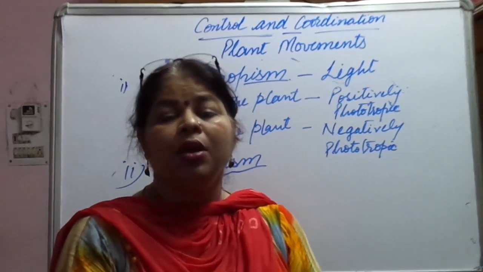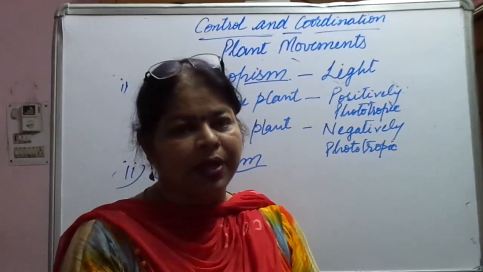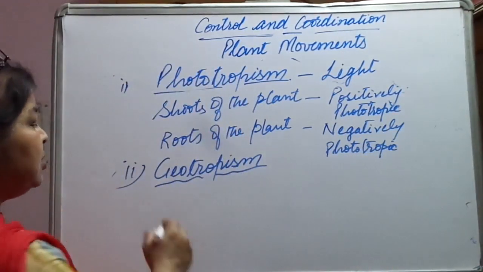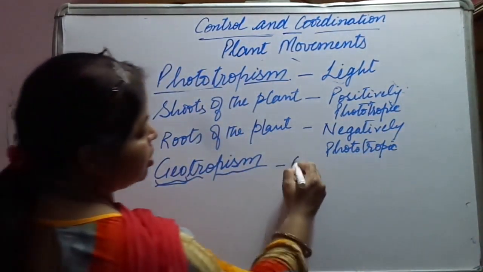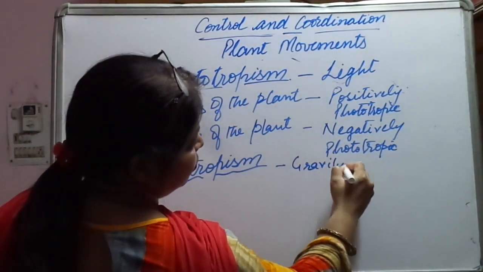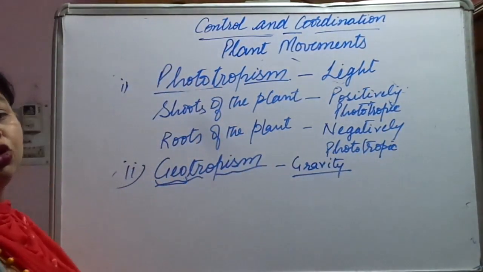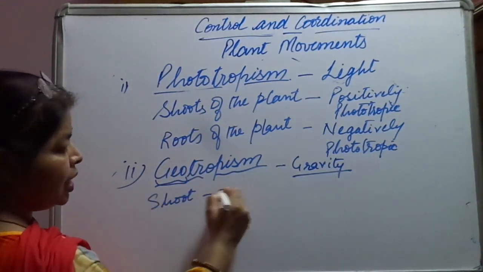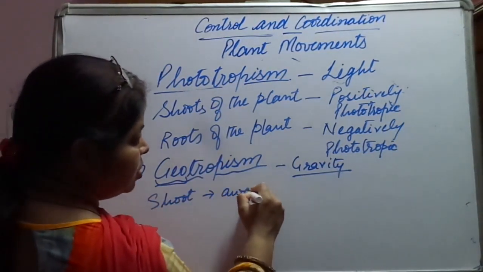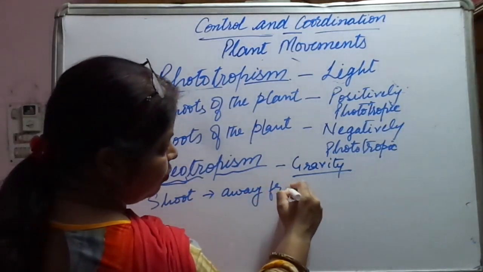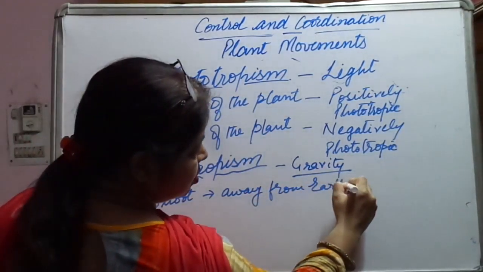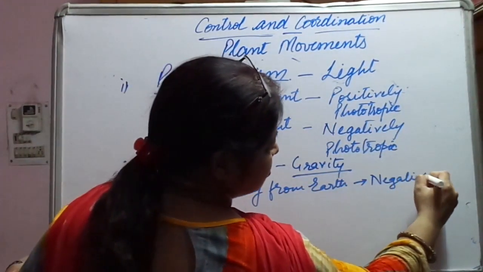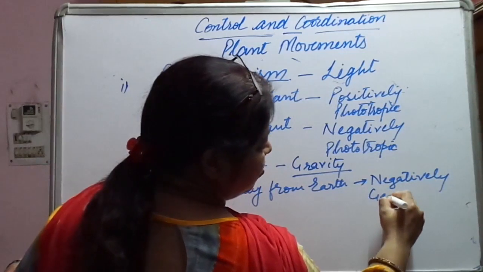When the growth of the shoot is taking place upwards, it is growing away from gravity, and geotropism means geo is related to the gravity of the earth. So again here we say that the shoot is growing away from earth, so it is negatively geotropic.